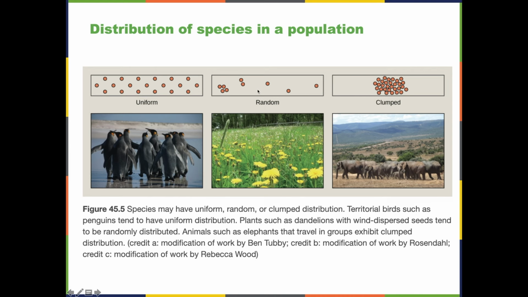So there's really no rhyme or reason for where they're going to grow, and they're also not territorial, so it's quite random. Clumped happens in populations where the organisms depend on each other for their survival. Elephants tend to accumulate in clumps, and zebras do so as a way of camouflaging themselves with their striping so that they don't get eaten. So there are various different reasons for how species distribute themselves.